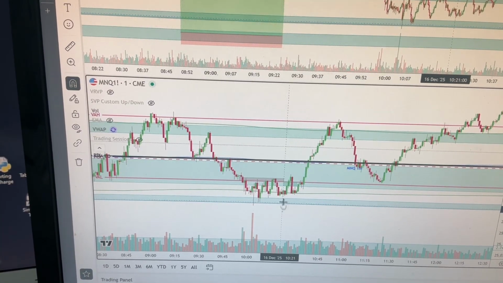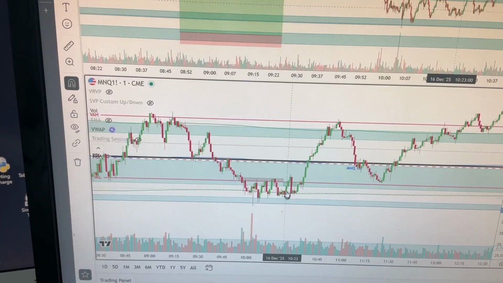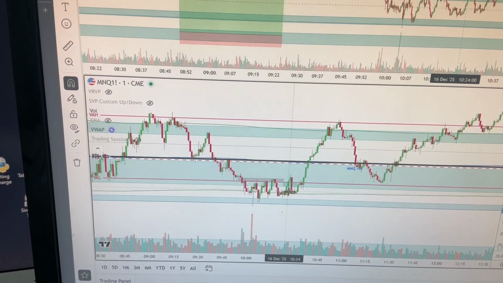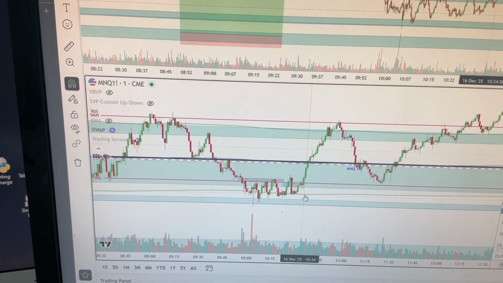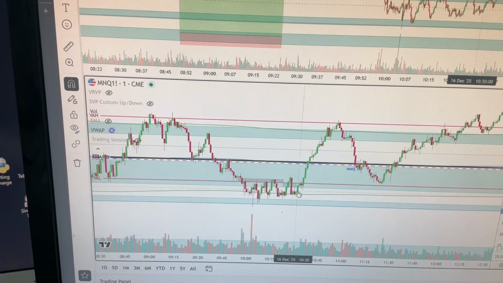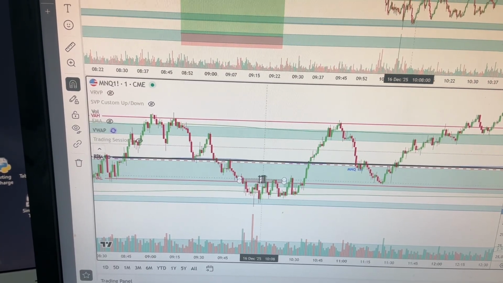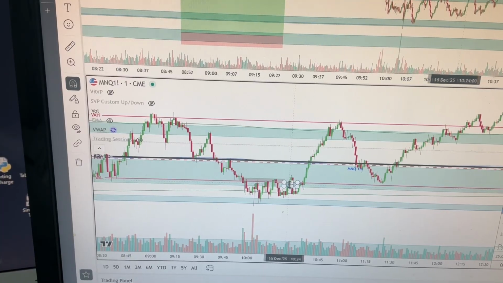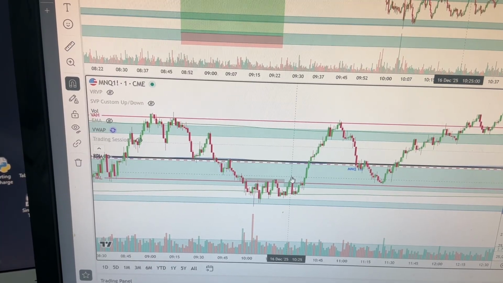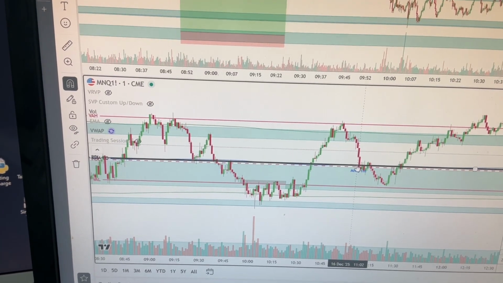And it comes down and then it did disrespect this bearish FVG here. So here it respected it, here it closed above, right there.